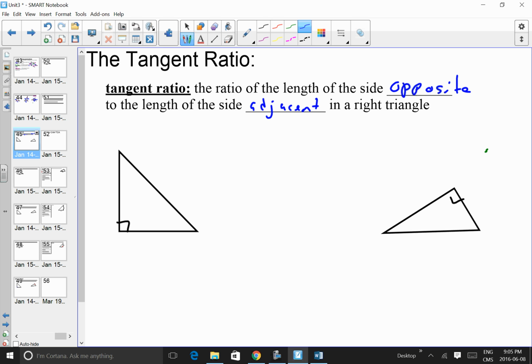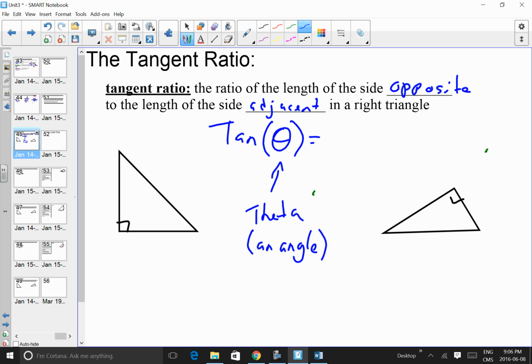And we actually have a formula for this. The way we write this is tan of whatever angle. We use this fancy symbol there, called theta, and we use that for angles. That just means an angle.